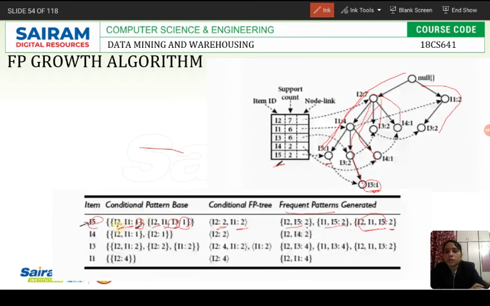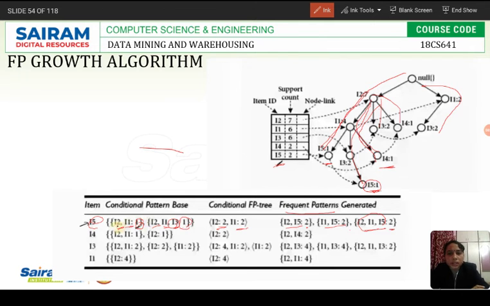Next comes I4, item 4. For item 4, we have to select the possible transactions in that path. If you go for item 4, yes, this is item 4. We have I2, I1. See here, what is this path? I4, I1, I2.